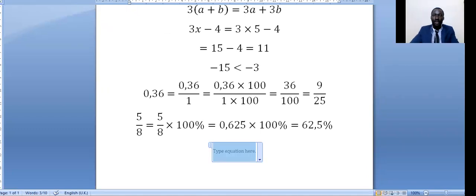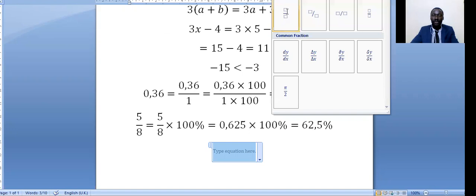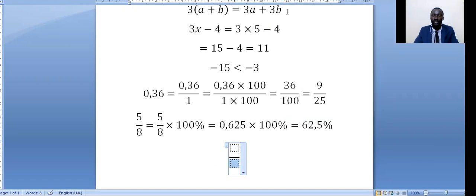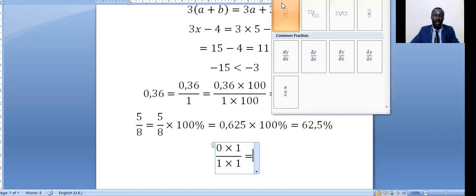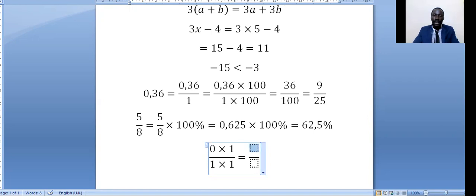So we have 0 times 1 as the numerator, that we have to divide by 1 times 1. So what would this be? Well, notice that 0 times 1 is 0, okay? Then 1 times 1 is 1. And this should give us, what is 0 divided by 1?